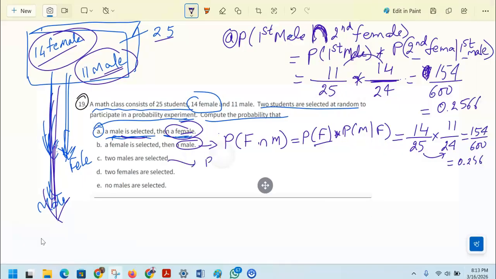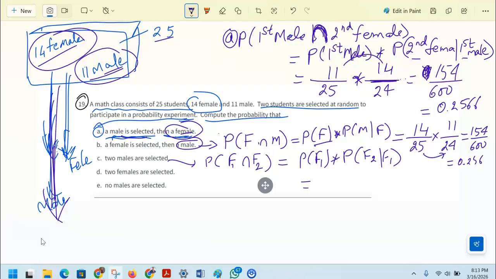Next is the probability first one female and second one female. If you want, you can also write first female, second female like that. I don't want you to get too much confused. That means the probability that the first one is female times the probability that the second one is female, when you already know that the first one is female.